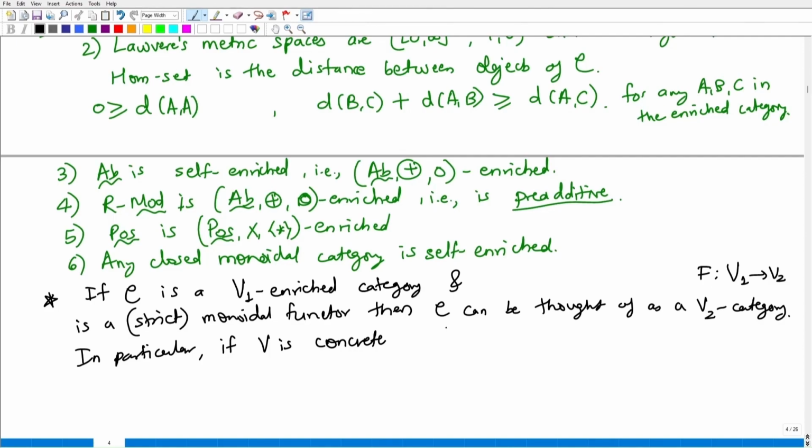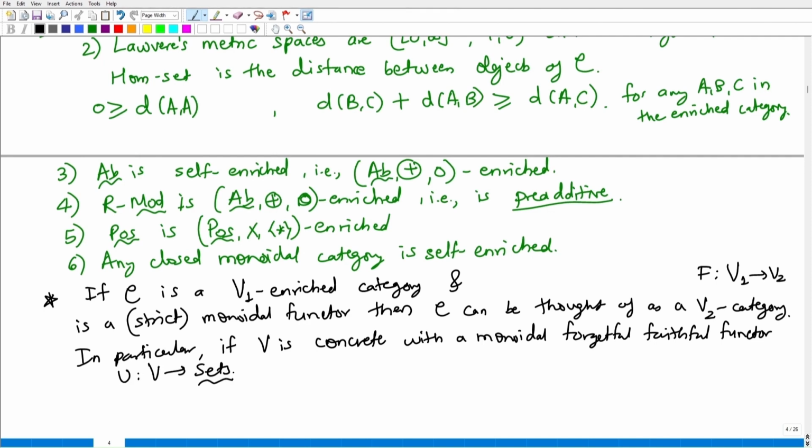Yeah, if V is concrete with a monoidal forgetful faithful functor U from V to Sets. What is this functor?